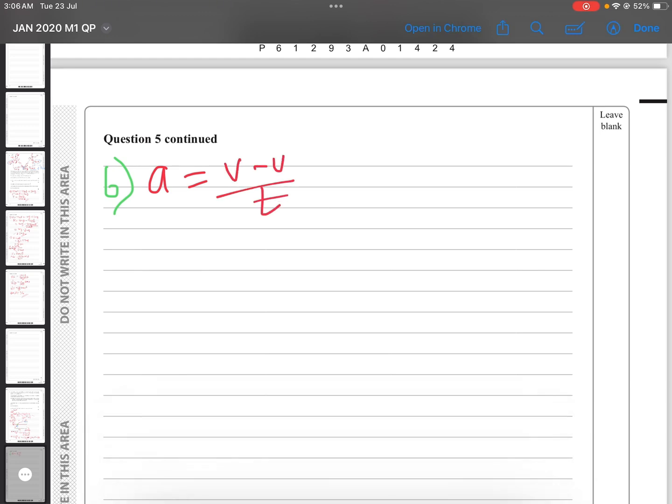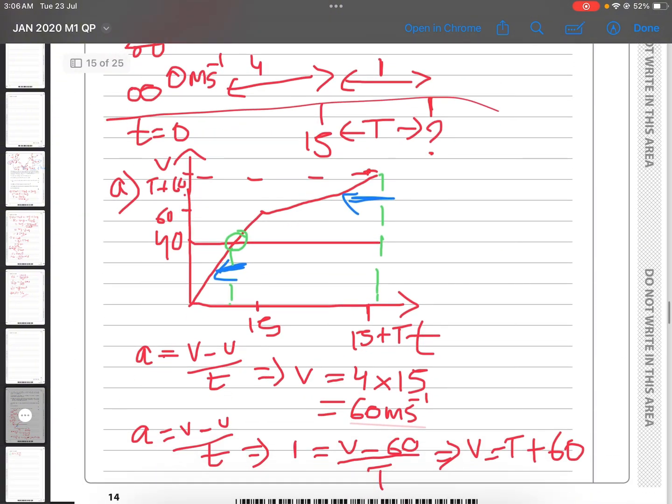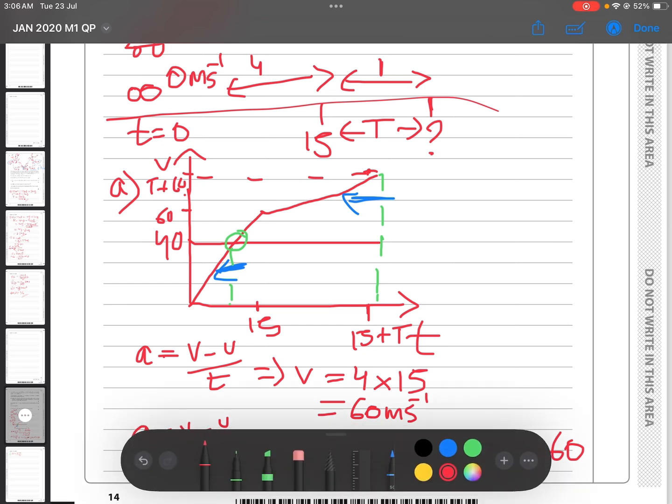Now we can see that our acceleration is 4 meters per second squared. We knew it from the motorcyclist, right? So this part, I'll draw with blue. This part is 4 meters per second squared, and the speed was 40 meters per second.